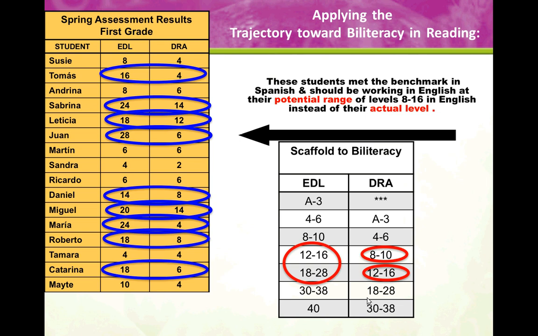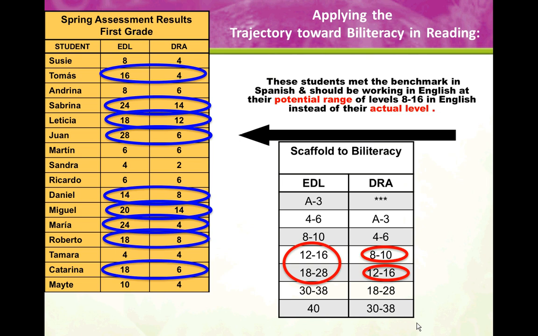So what we're saying is that these students, even though their English score may have reflected a lower level, we have the responsibility of working with them at the higher ranges because of their knowledge and literacy. We don't want to hold back, especially when we have 1 year to work with kids in 2 languages.